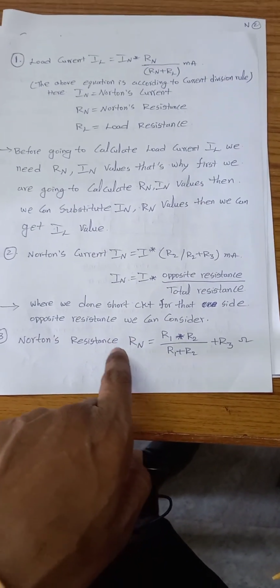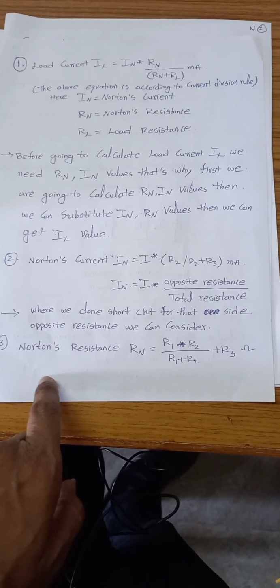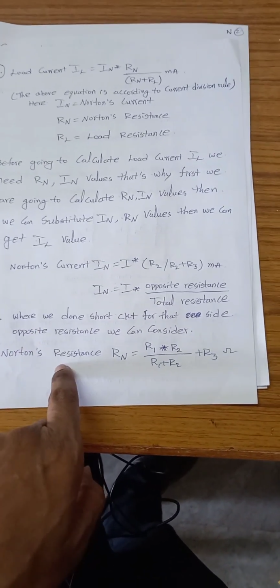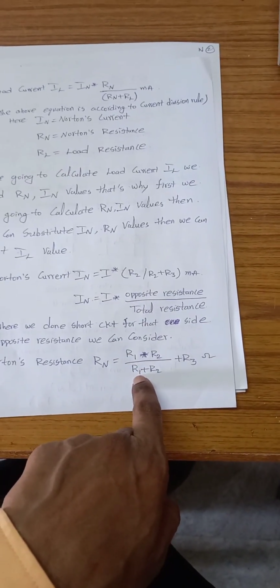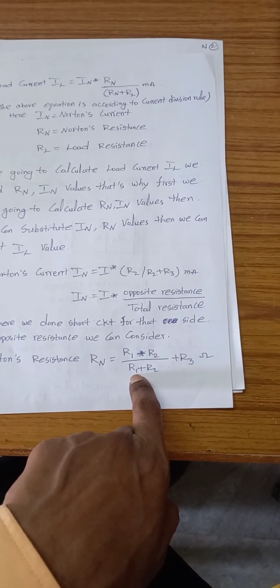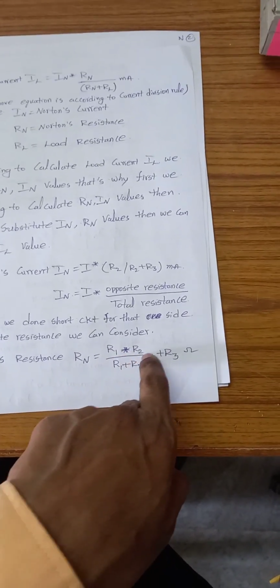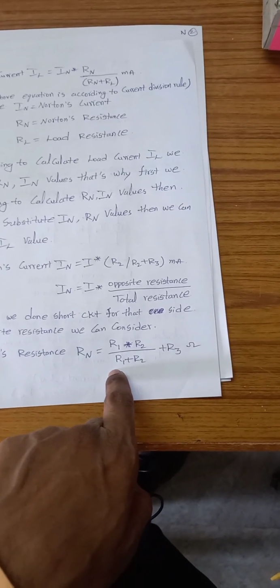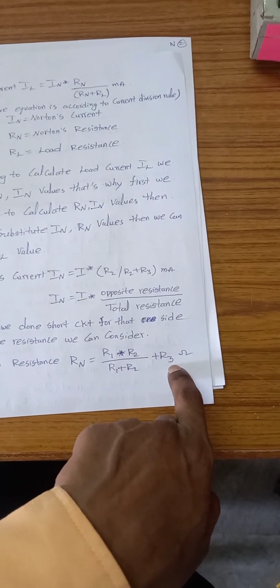According to that condition, where we do a short circuit, the voltage source is short circuited. From that place we take the resistance calculation according to the reduction technique. Remember, R1 and R2 are in parallel, and these parallel resistances are in series with the R3 resistance.